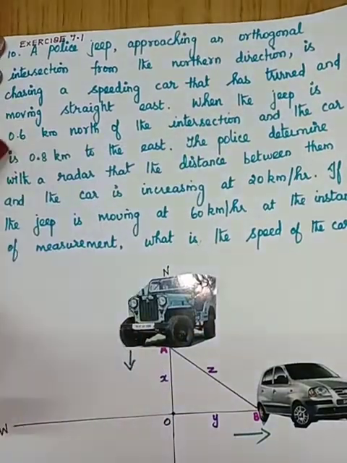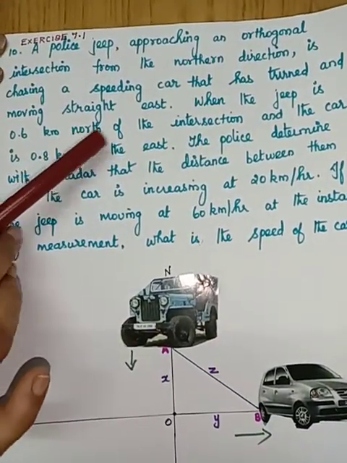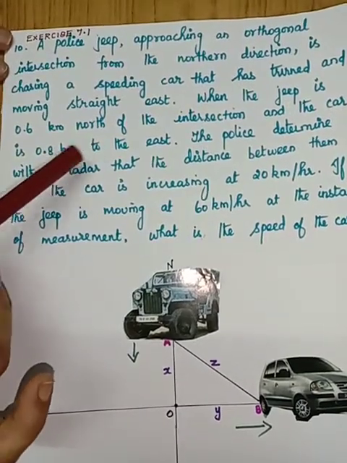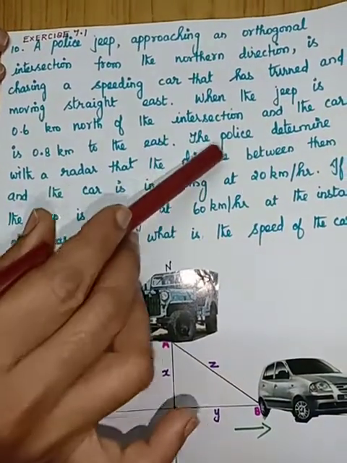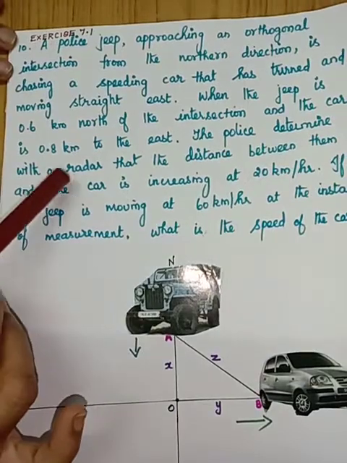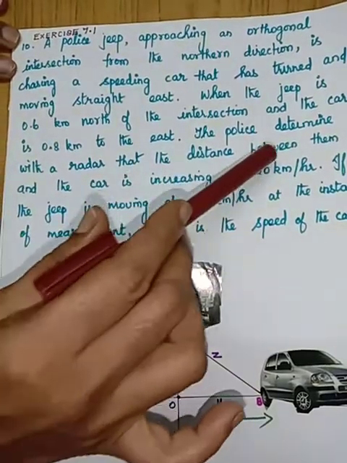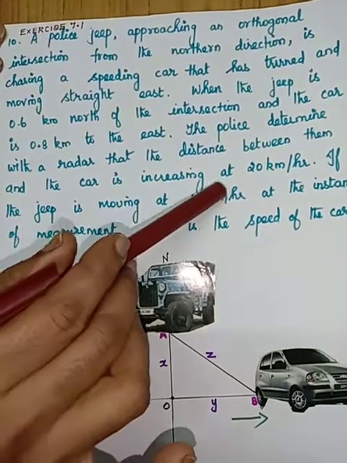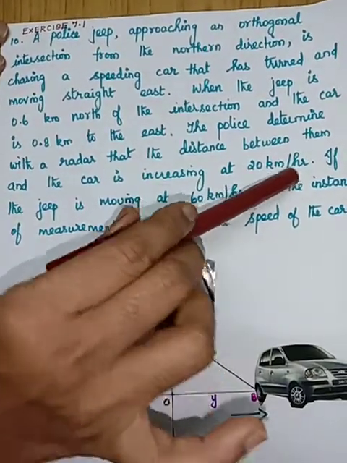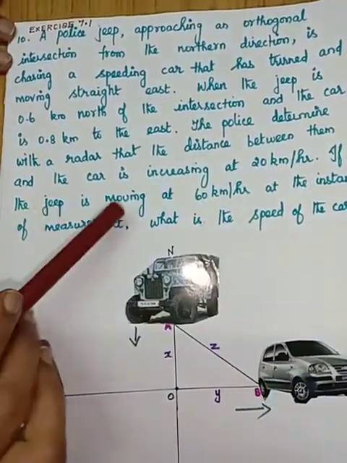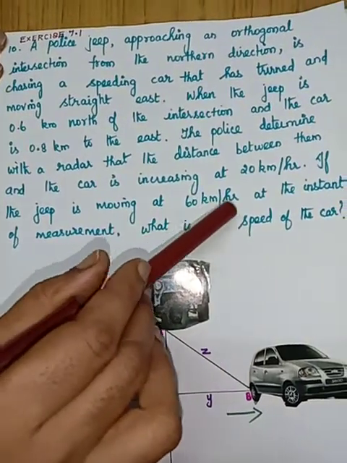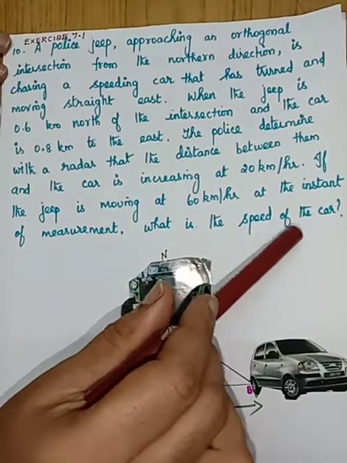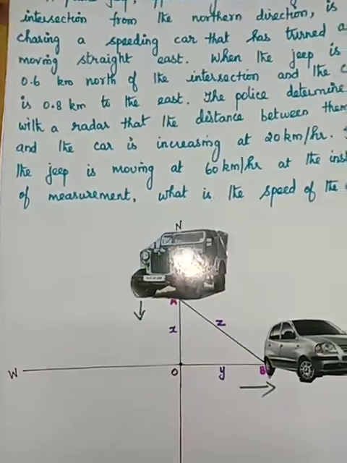When the jeep is 0.6 km north of the intersection and the car is 0.8 km to the east, the police determined with the radar that the distance between them and the car is increasing at 20 km per hour. If the jeep is moving at 60 km per hour at the instant of measurement, what is the speed of the car? So that is the question.